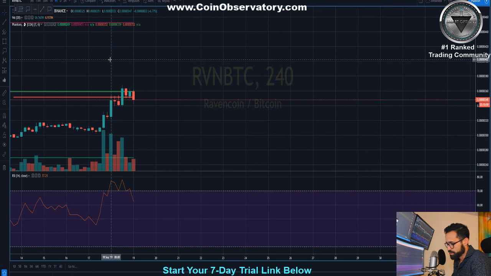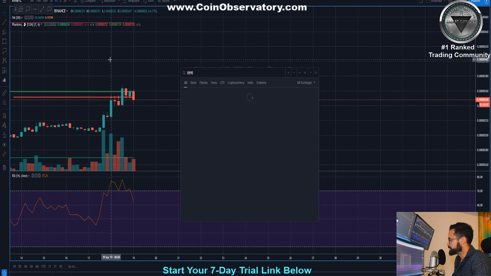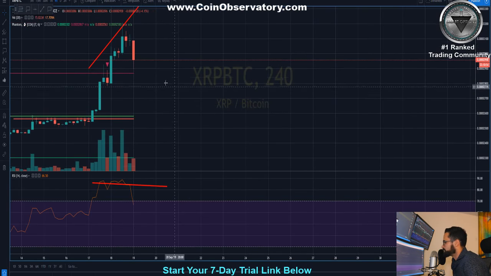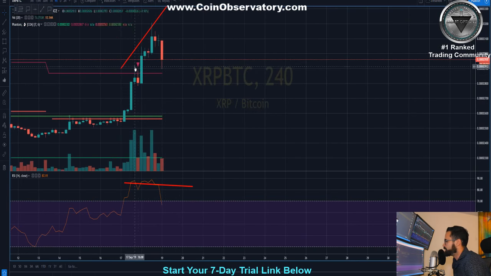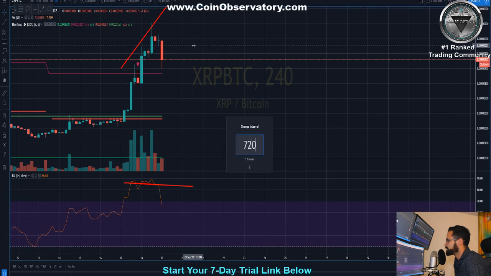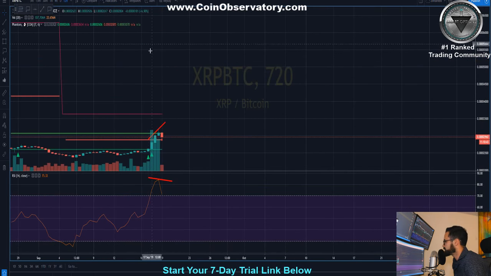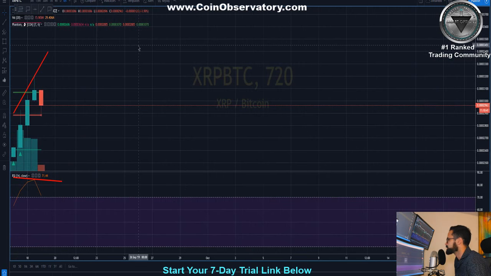So back to XRP BTC, if somebody wanted to short this breakout, we had a short entry here that got stopped out, and so the second short entry showed itself on the 720 or the 360, the larger time frames.